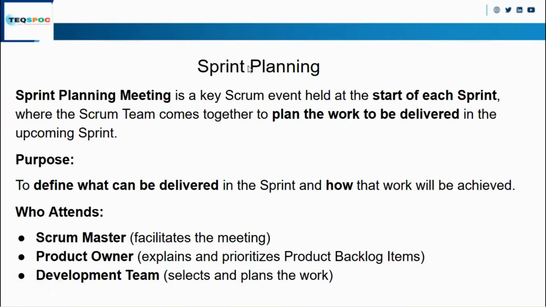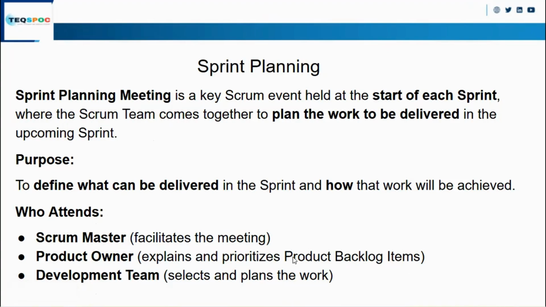So who attends the sprint planning? A Scrum team attends the sprint planning. In a Scrum team, we have the Scrum Master, Product Owner, and Development team. These three are inside the Scrum team. If somebody asks you to give the roles under the Scrum team, you can say in a Scrum team we have a Scrum Master, we have a product owner. The product owner is the owner of the product backlog.